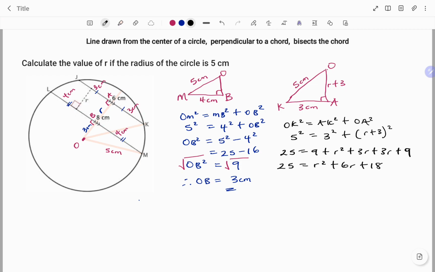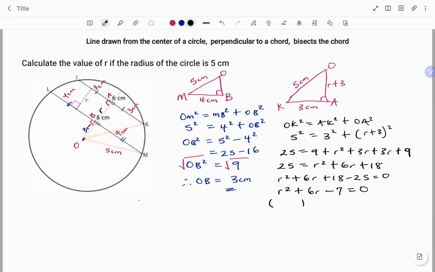Moving 25 to the other side to make it a quadratic equation, I have R squared plus 6R plus 18 minus 25 equals 0. R squared plus 6R minus 7 equals 0.